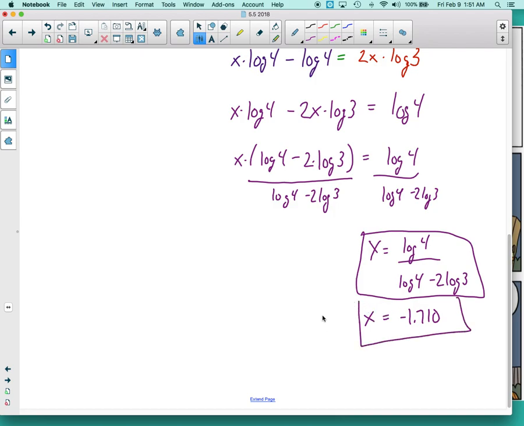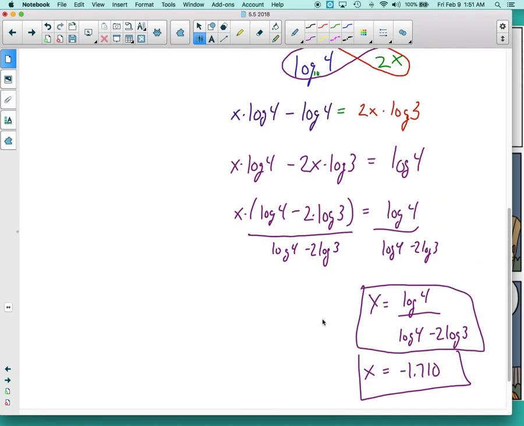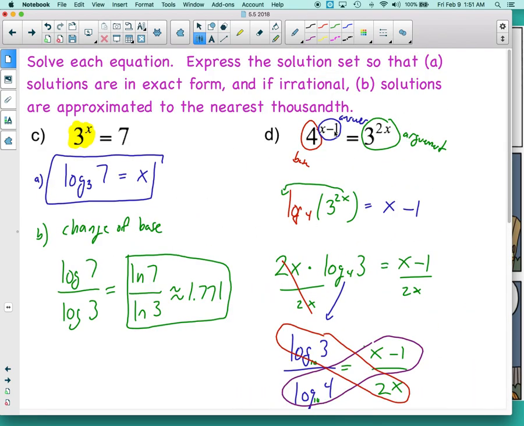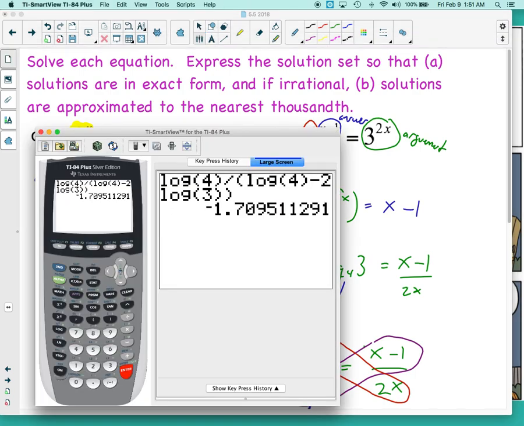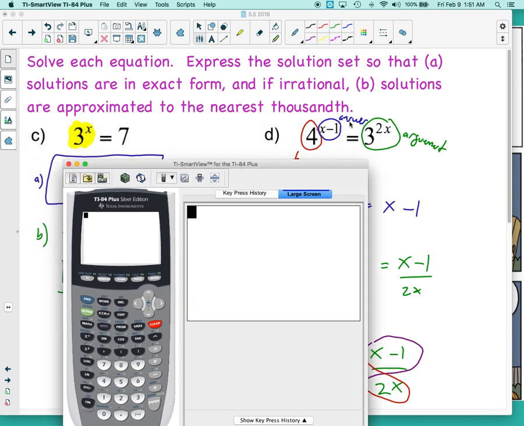So can we check that? Negative 1.710. Let's go back up to our original problem. If we plug x into both of those, what's 4 to the power of negative 1.71 minus 1?